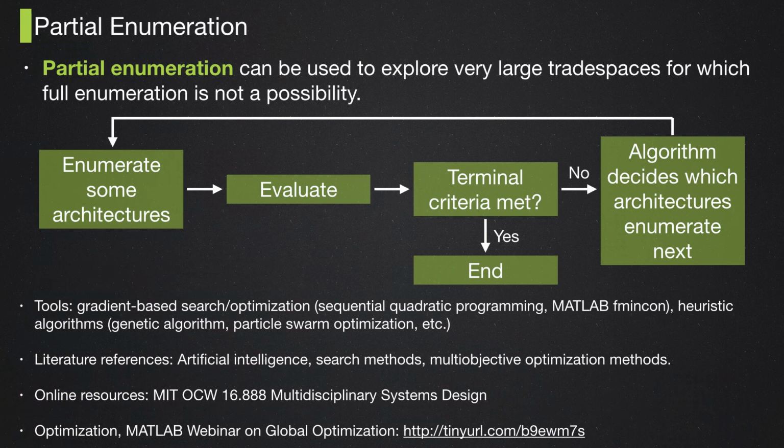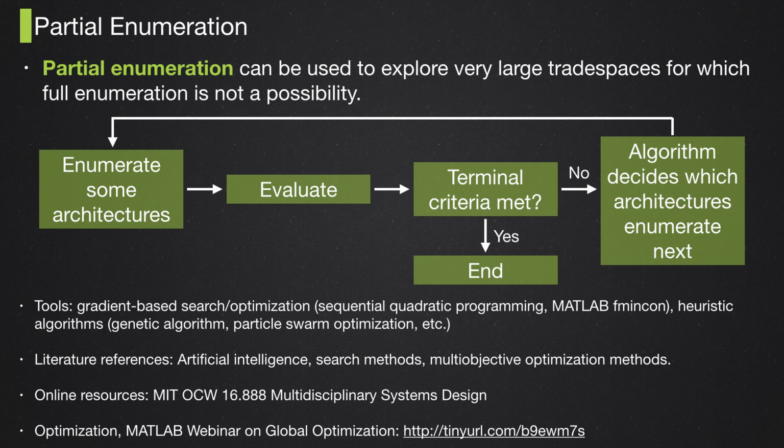So partial enumeration, the way it works, well, first, typically, you enumerate some architectures. You evaluate them. Then you choose which regions, which subset of solutions, which architectures are interesting to you. And they form a sort of guide to say where to look further, right? And you will look further, and you will keep doing so until you meet some termination criteria.